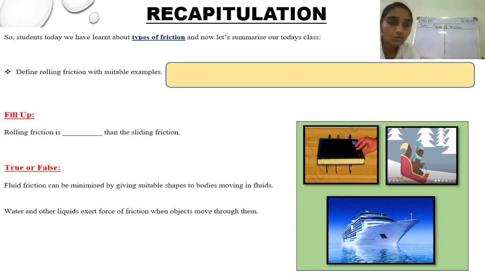And in the true or false statements, the first statement is saying that fluid friction can be minimized by giving suitable shapes to the bodies moving in fluids. Yes, very good students. It is true. And what is the name of that suitable shape?